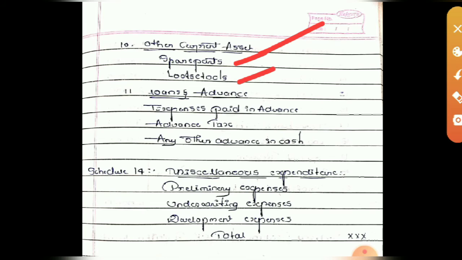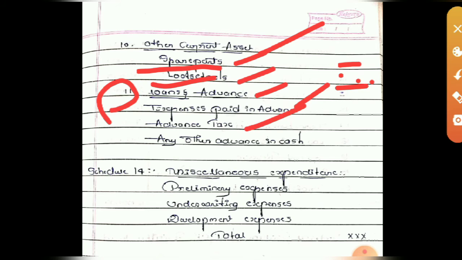Any spare parts, loose tools, any such other current assets that you have to take here, and take it into the outer column. Then schedule number 11 is concerned to loans and advances. So in that, expenses paid in advance, advance tax paid, or any other advances in cash, such loans and advances which you have given in advance, you have to take and bring into the outer column.